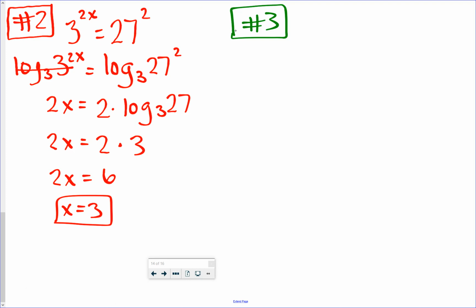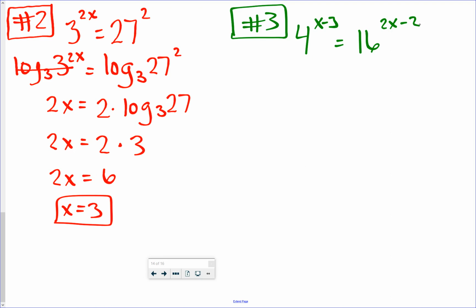So number 3, we have 4 raised to the x minus 3 equals 16 raised to the 2x minus 2. Yes, they do both have an x this time. So it doesn't really matter what the base is of my log. It doesn't matter which one you pick. You could have log 4 or log 16. Okay?